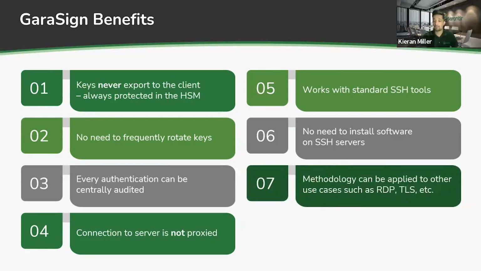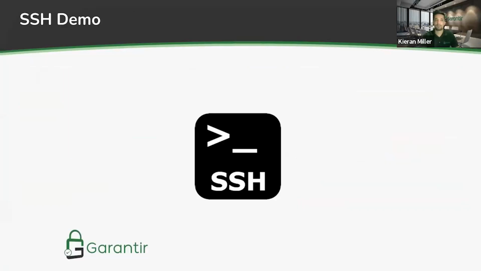And lastly, this methodology can be applied to other use cases like RDP and TLS. We probably won't have time to go over that today, but this same approach can be applied to a number of other use cases. So what does it actually look like using a standard SSH tool?